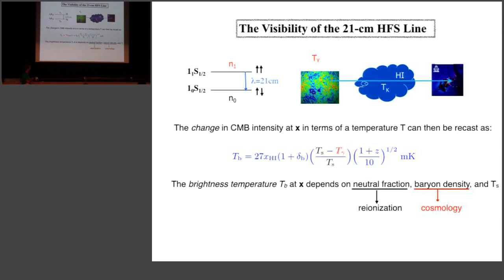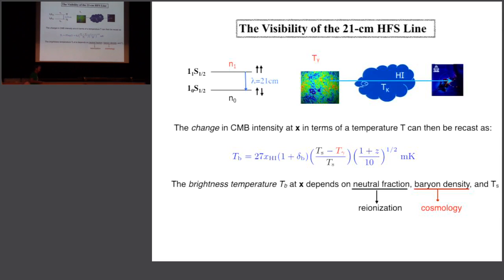So it's a very small fluctuation on top of the CMB. The fact that this fluctuation is small means that the gas is very subtly perturbing the background CMB, so very optically thin. Very different than Lyman-alpha.